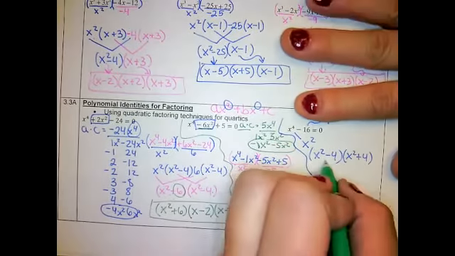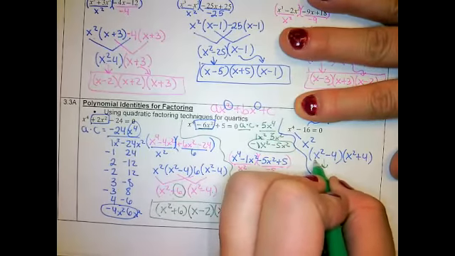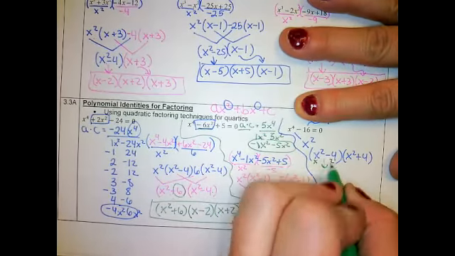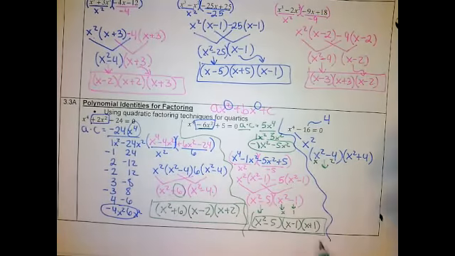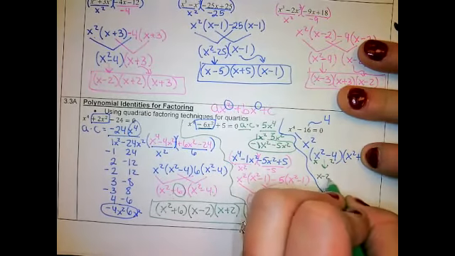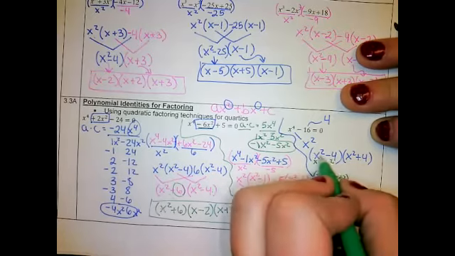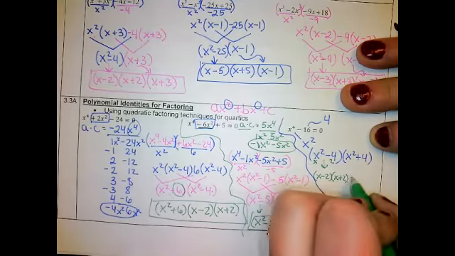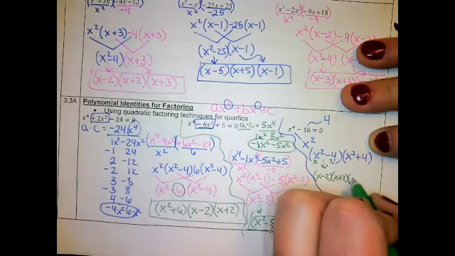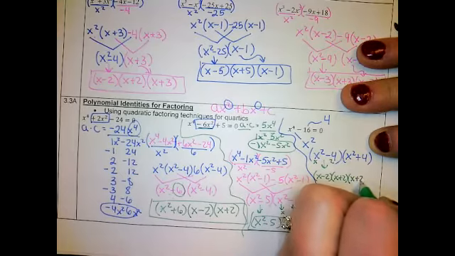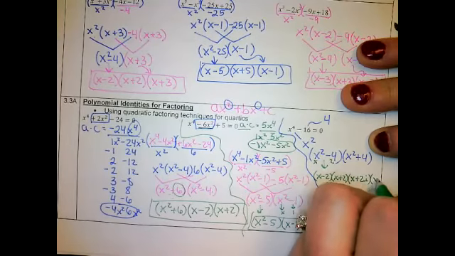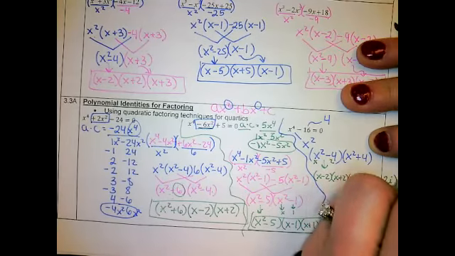But x squared and 4 are both perfect squares. So that's going to become x minus 2 times x plus 2. So I have a difference of squares and I have a sum of squares. So this sum of squares is going to become x plus 2i and x minus 2i.